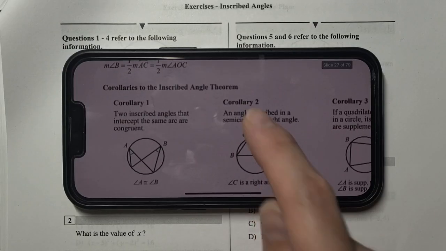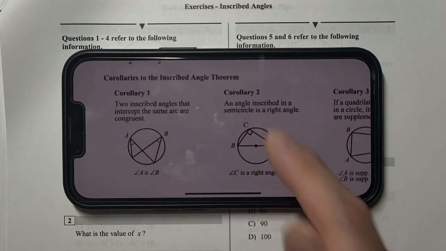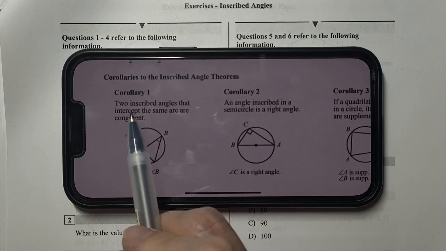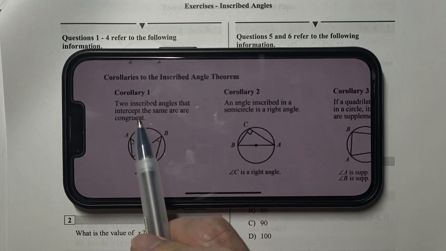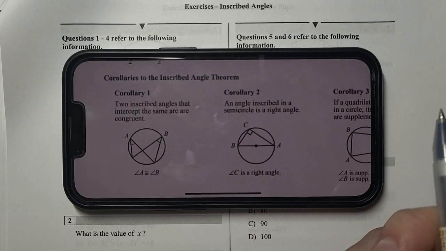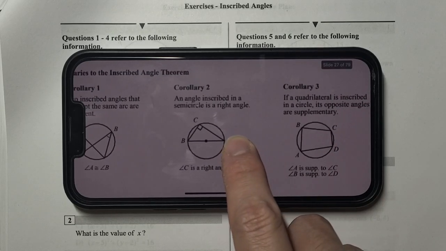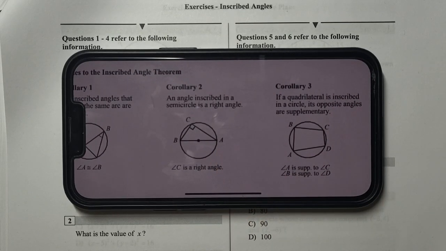All right, now some corollaries that happen as a result. Let's just read. Two inscribed angles that intercept the same arc are congruent. Makes sense, hopefully. You can think about it in your own time if it doesn't quite make sense. Okay.